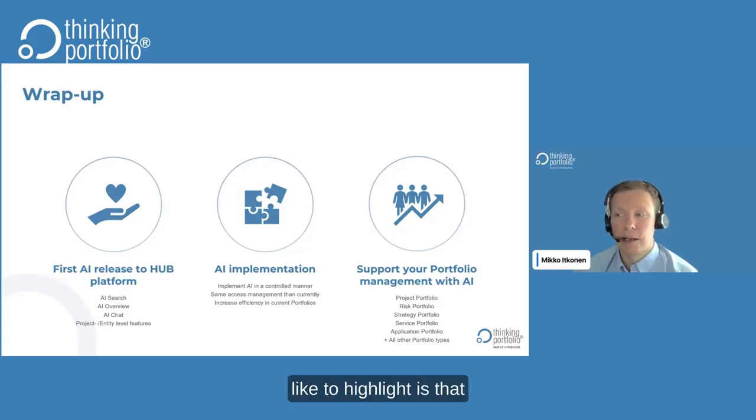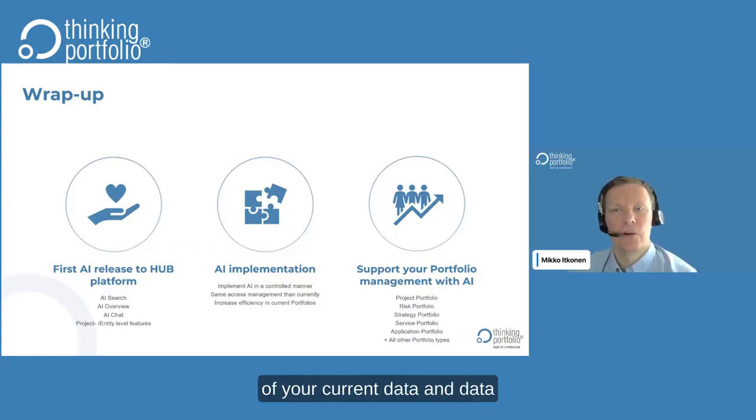The second thing that I would like to highlight is that this is a way to implement AI in a controlled manner. You are in your own bubble, your AI features are not interacting anywhere, but you can still utilize your own portfolio with those AI features. It's like an AI layer on top of your current data and data model in Thinking Portfolio.